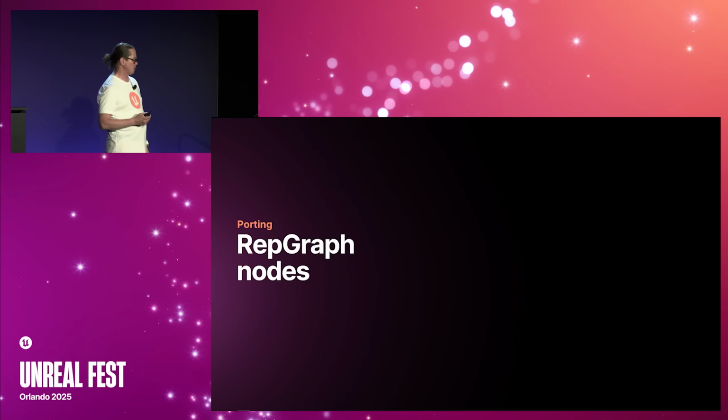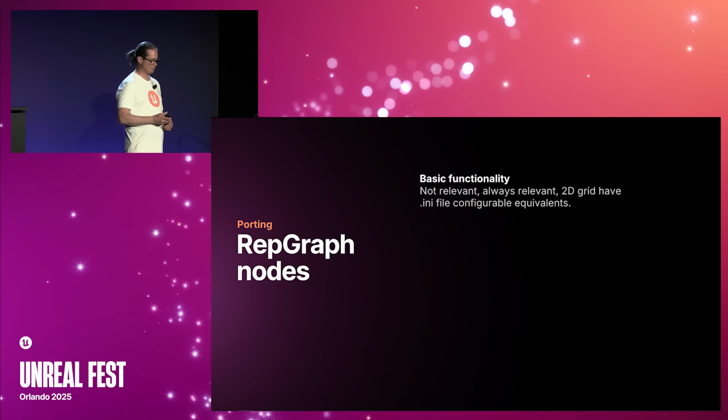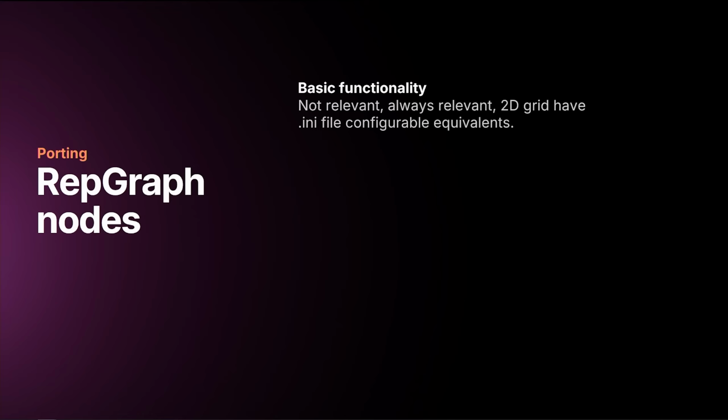Fortnite was using RepGraph, and we have some equivalents for the basic functionality. You basically only have to tag which classes you'd use as being always relevant, never relevant, or use a 2D spatial filter.